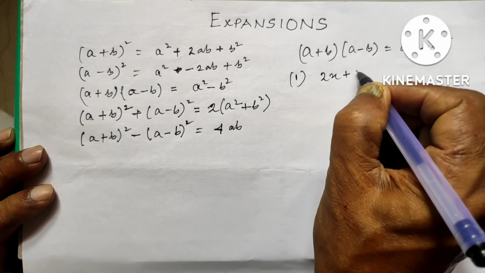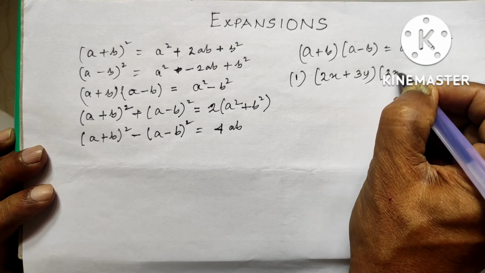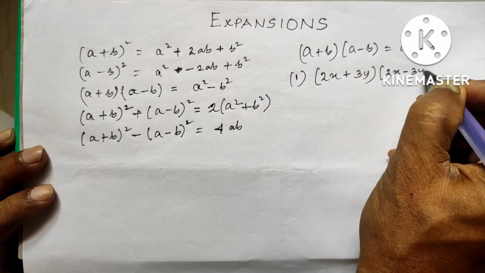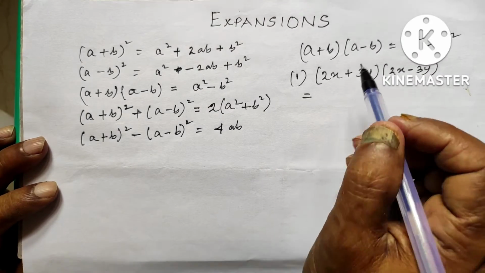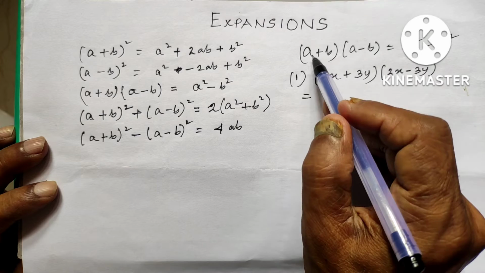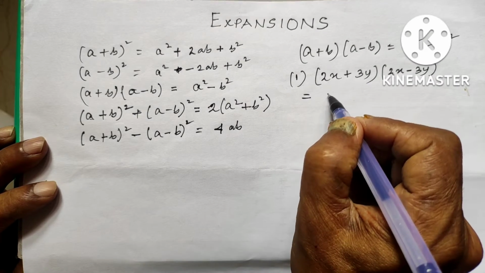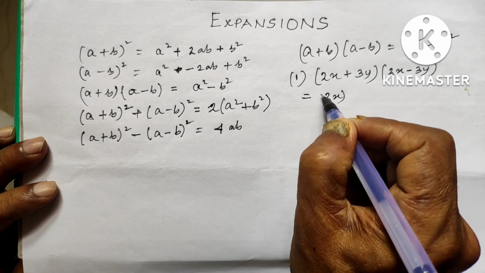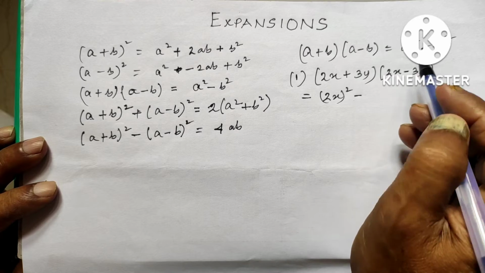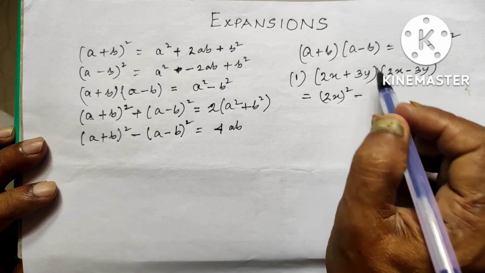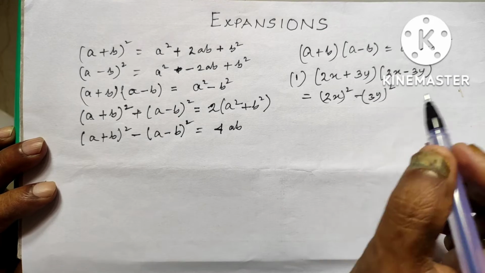(2x plus 3y) into (2x minus 3y). When we work out, what do we find? Remember that when we are applying the formula, this is the first term and this is the second term. So, this is the square of the first term, that is (2x) whole square, minus, this is the in-between minus, and then the second term, that is (3y) whole square.